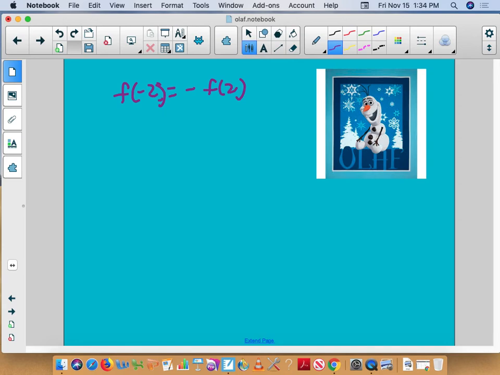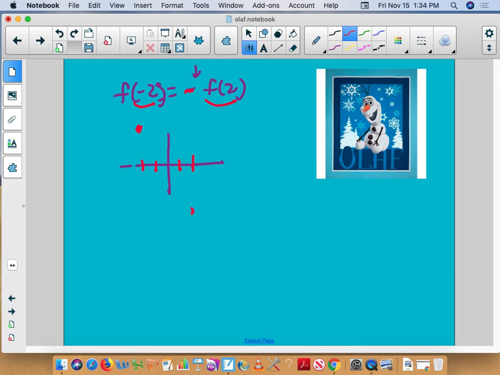It doesn't mean necessarily this one's negative, but it just means it's the opposite of what you had. Let me show you what that means. Here's negative 2. I fill it into the function, and I get an answer, a y. Well, then if I go to positive 2, should I get the same number or should I get its opposite? Watch my hands, and this is what this is saying.